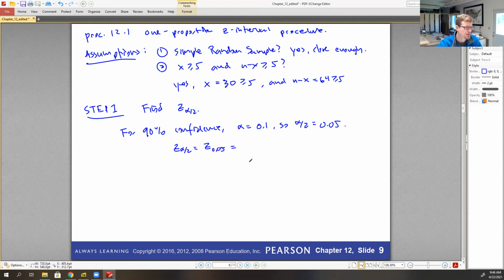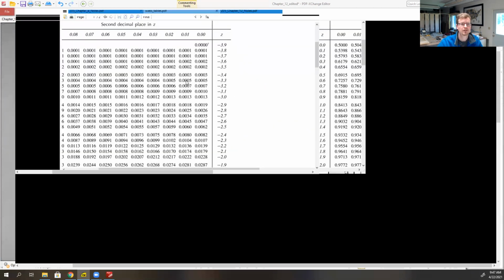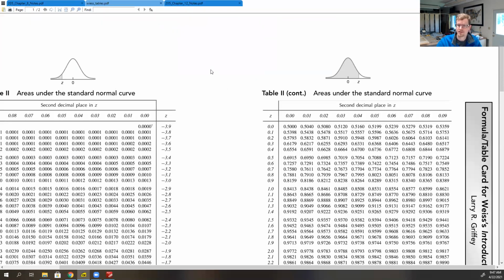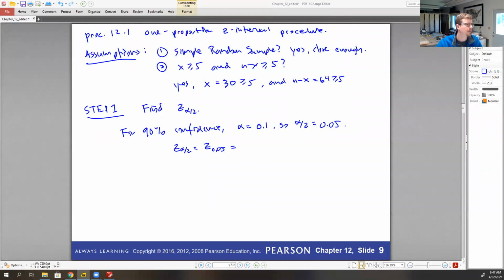And if we wanted to, we could look this up on table 2 of our text, areas under the standard normal curve. But we've seen this several times, so we should be familiar with it. All right, so that gives us that portion.